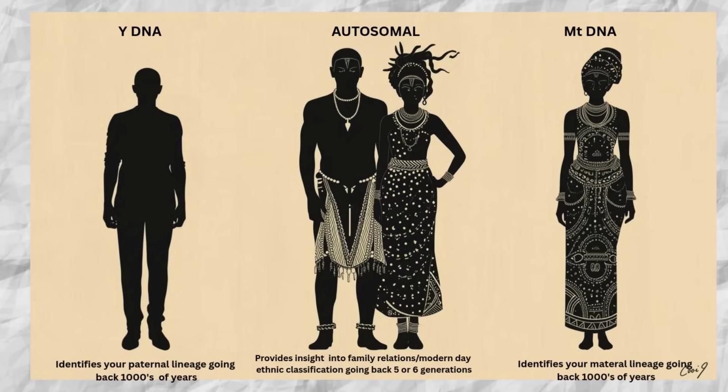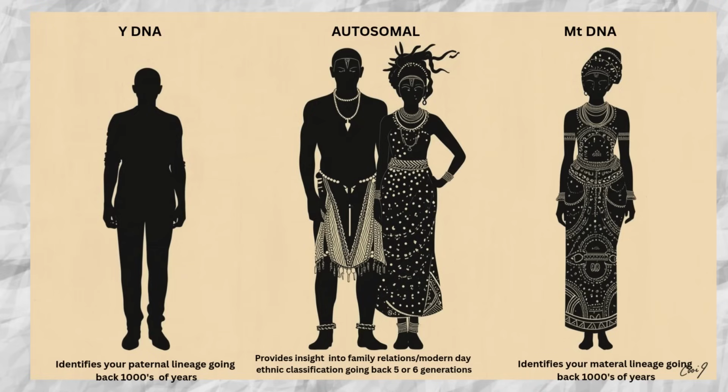The second type of DNA test is the autosomal DNA test, which is what most people are familiar with. And I'll give an example in a little bit. But these tests provide insight into your family relations and modern day ethnic classifications going back 5 or 6 generations.